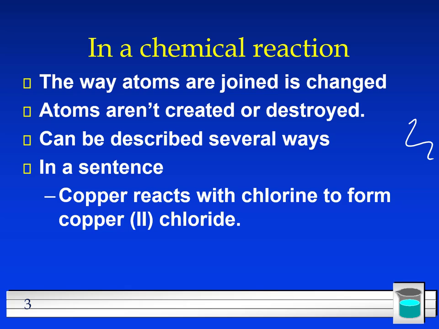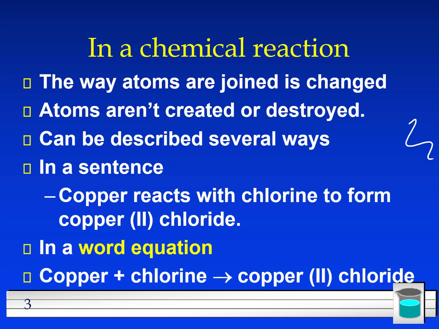Okay? So to shorten that sentence, they make a word equation. And a word equation is the names of the chemicals with some symbols attached. Copper plus chlorine makes copper 2 chloride. It's got a plus sign, but it's not math.